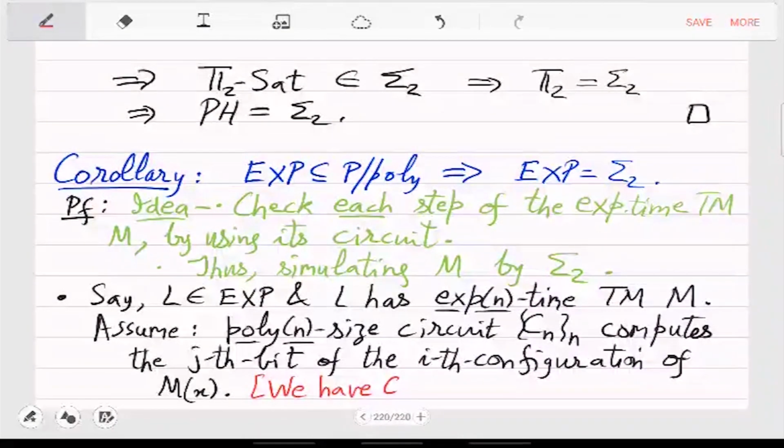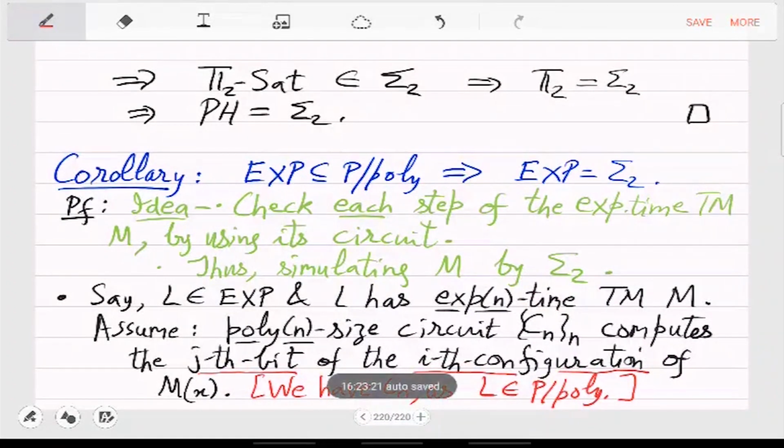We have Cn as L is in P/poly. Okay, that basically, if you want the jth bit of the ith configuration, any bit of the ith configuration of M running on X, clearly that is computable in exponential time.